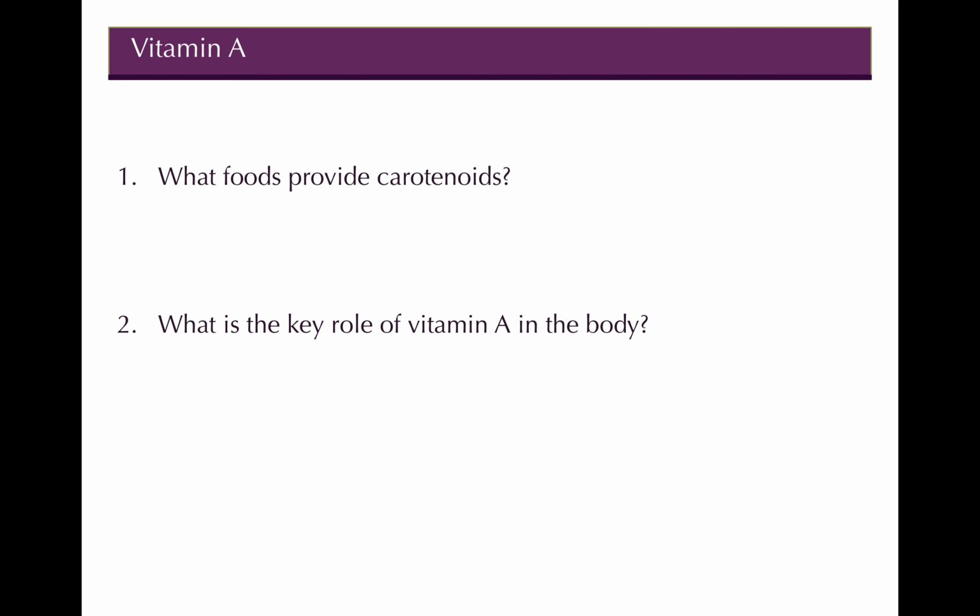And then, what does vitamin A do in the body? Why do we need it? Typically, people know that it's related to eye health or night blindness, so that's one of the major things mentioned. And then some people know it's related to growth and cell proliferation. So, those are the main things that people tend to know about vitamin A going into the course.